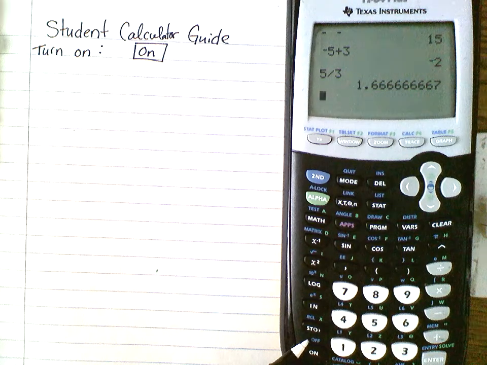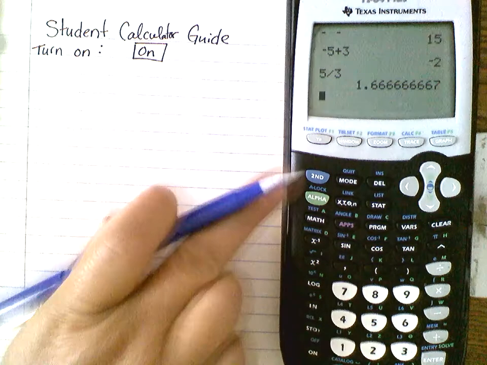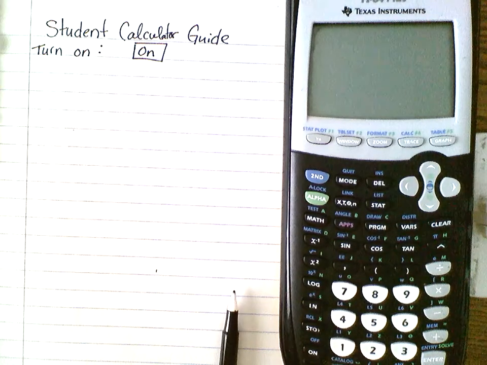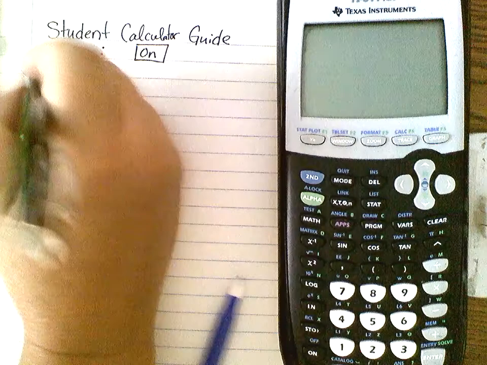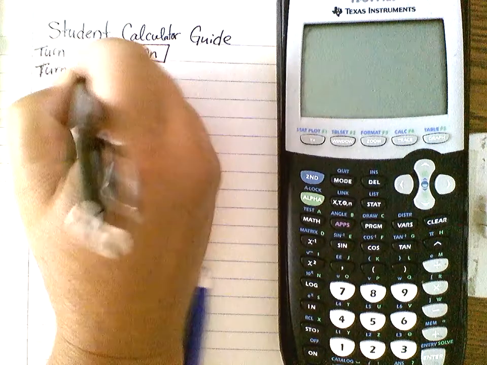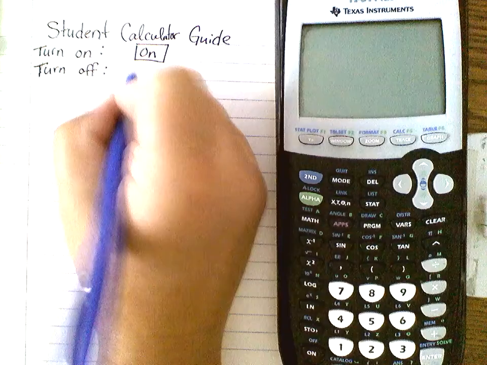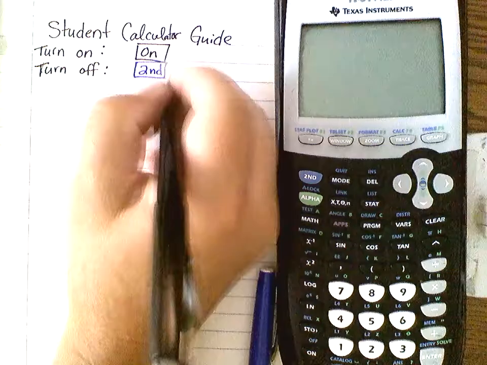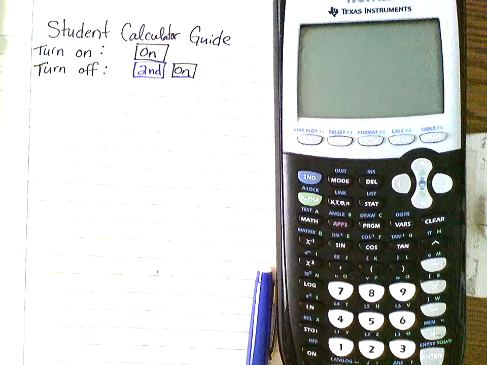Anytime you see something in blue, you can push the blue second button, and then whatever the button is, and it will do what it told you to. So to turn off the calculator, you push the blue second button, and then again, you push the on button, which is kind of funny. You're pushing on to turn it off.